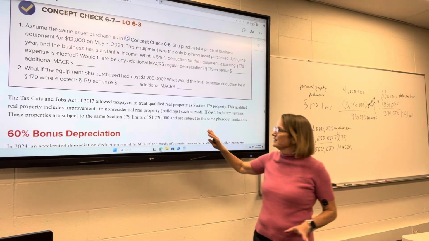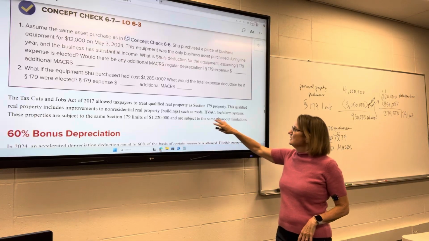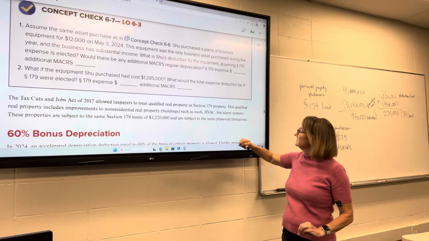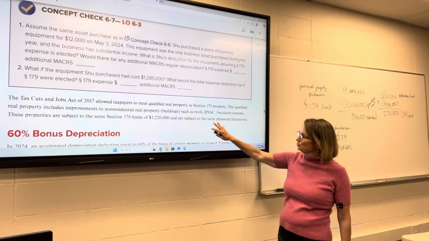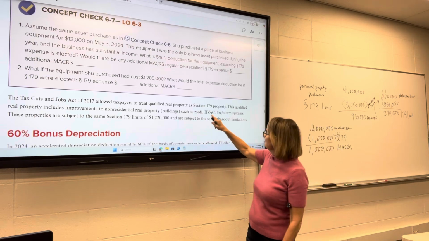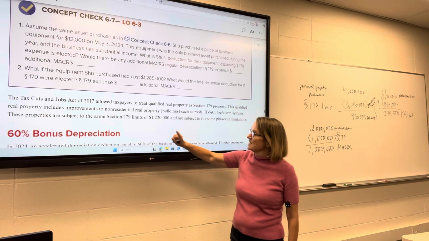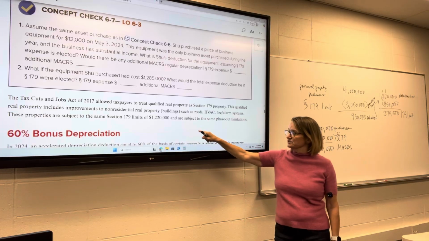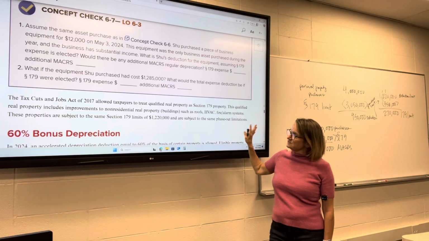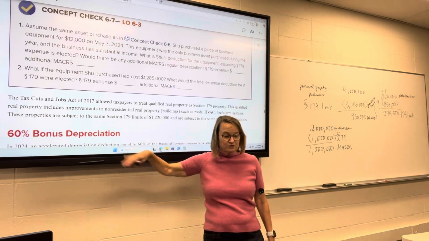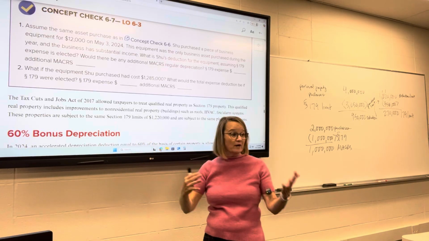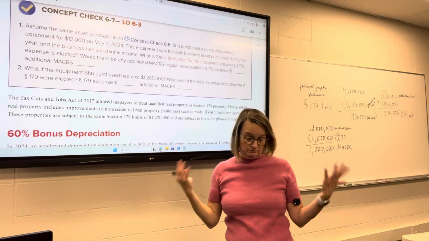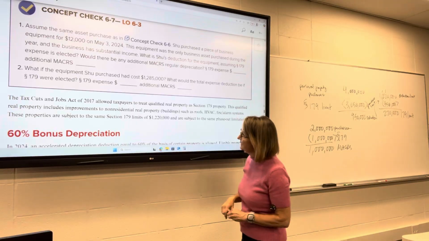If it's non-residential real property, if it's an improvement, qualified real property would include improvements to non-residential real property, such as roofs, HVAC, and fire alarm systems. These properties are subject to the same 179 limits, but it's all non-residential. It still can't apply to residential property, which is apartments, and that's what rental properties would be.